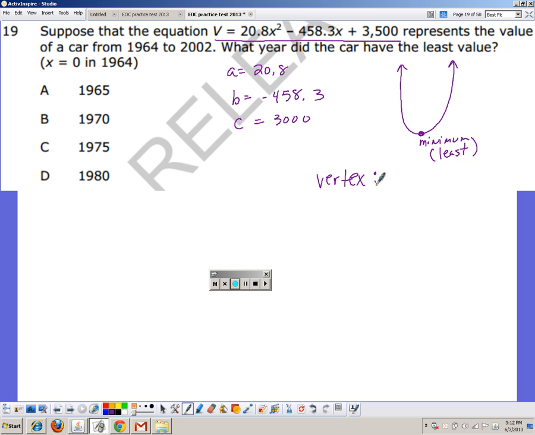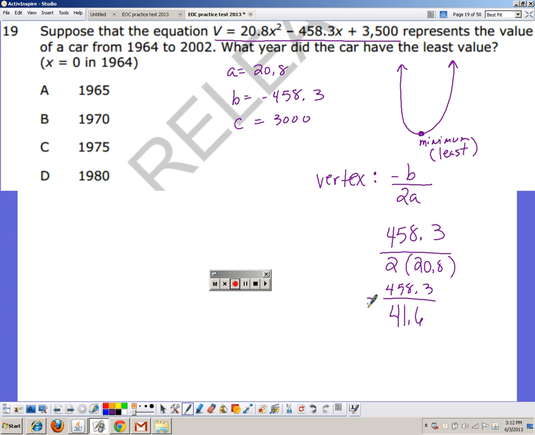The vertex of any quadratic can be found by negative B over 2 times A. So our B is already negative, so it's going to change to a positive over 2 times 20.8. Well, 2 times 20.8 is 41.6. So we have 458.3 divided by 41.6.